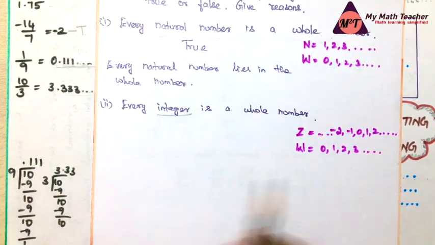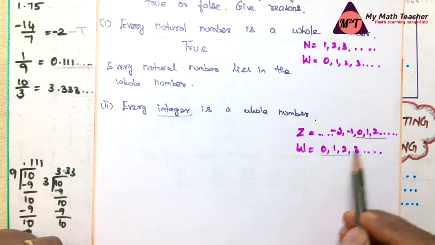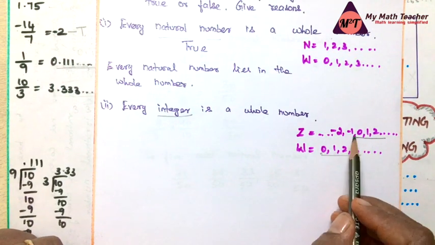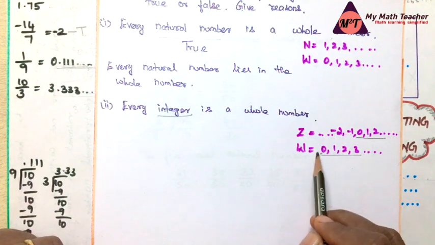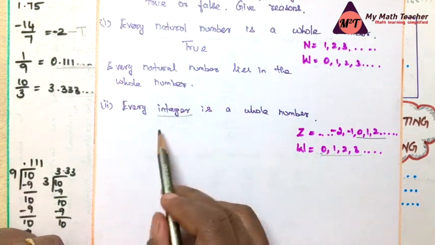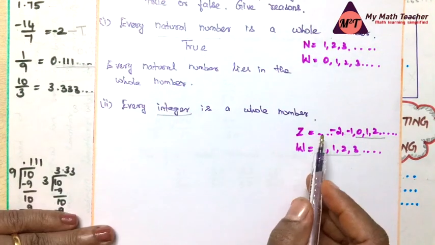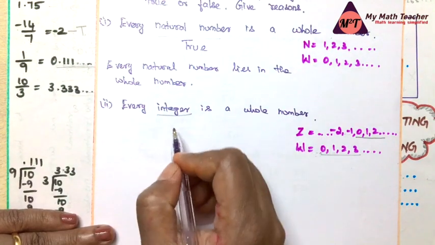As you can see, all the numbers starting from 0, 1, 2, 3 will definitely come under whole numbers, whereas the negative numbers will not fit in the whole numbers. We don't have any negative numbers in whole numbers. So this statement is false. So we can say negative numbers are not whole numbers.